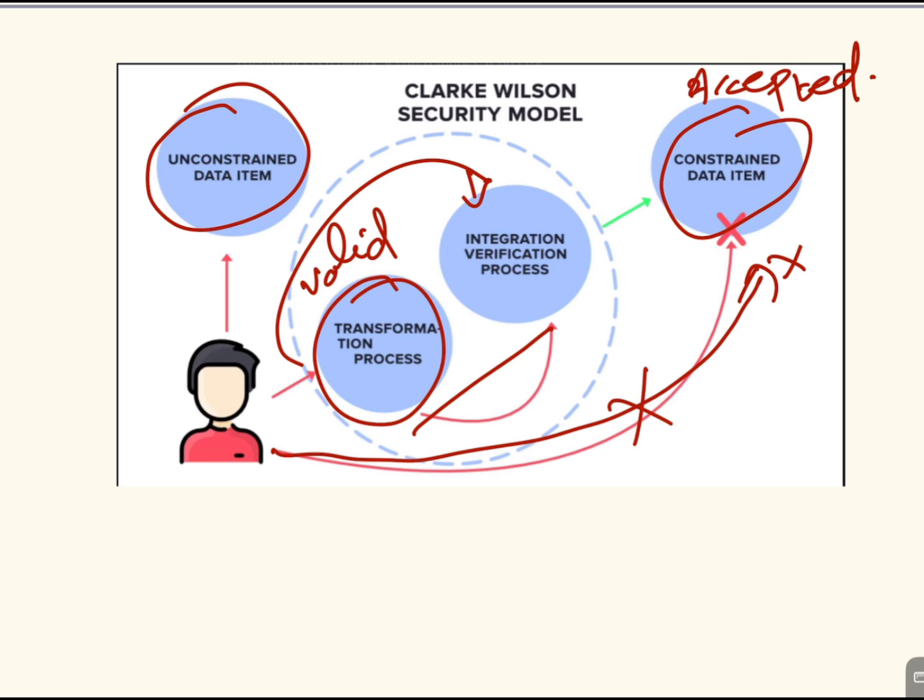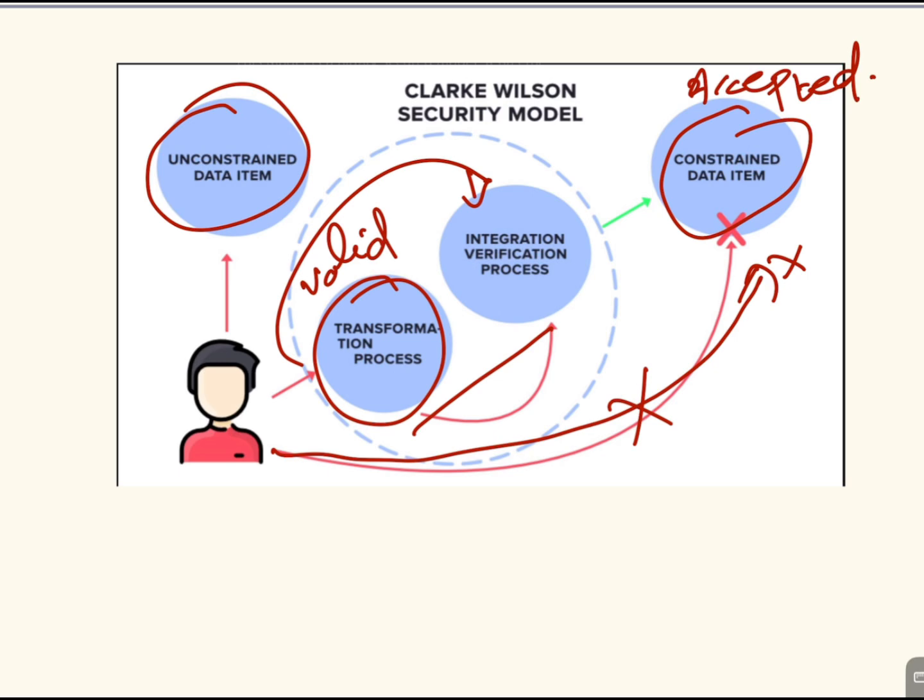So now let me wrap this up. The first component in this image is the unconstrained data item, which is raw data entered by the user, for instance financial transaction data. The next step is the transformation process, which converts raw data into a controlled and validated form. For instance, a financial system checks for errors.